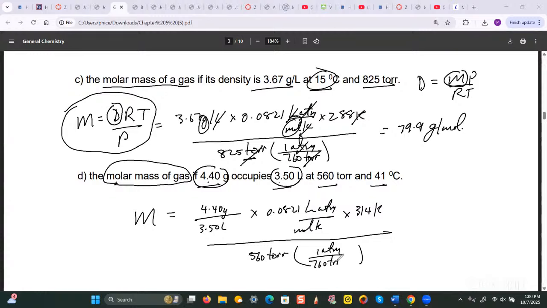So that would be the setup right there. So let's see the result of this. 4.4 divided by 3.5, and then I multiply by 0.0821, and then I multiply by 314, and then I divide by 560, and then divide by 760.